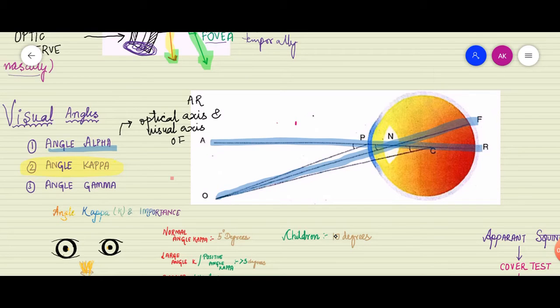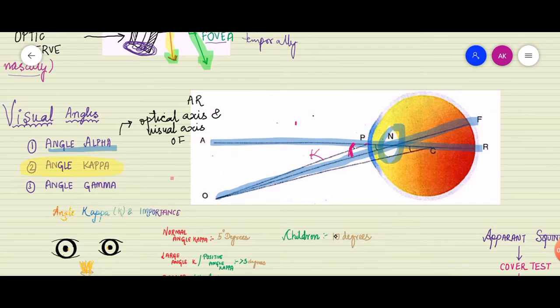But here the important point is not at the nodal point, because what is formed at the nodal point is angle alpha. With respect to angle kappa, we take the angle to be formed at the level of the pupillary plane, which you can see over here at P point. So that is angle kappa. This is the only difference between angle alpha and angle kappa: alpha is formed at the nodal point and kappa is formed at the level of the pupillary plane.